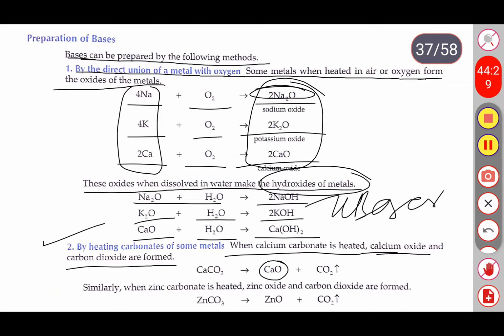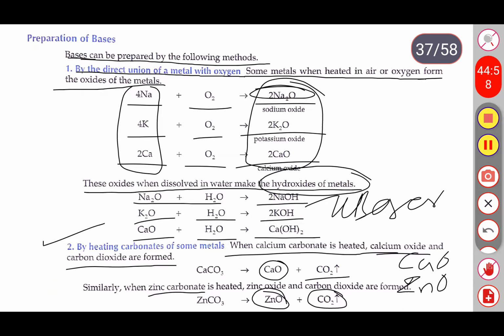Similarly, when zinc carbonate, ZnCO3, is heated strongly, it also decomposes into zinc oxide and carbon dioxide. Here zinc oxide and calcium oxide, ZnO and CaO, are the bases, and along with them carbon dioxide gets liberated. Okay, so this is the method of the preparation of bases.